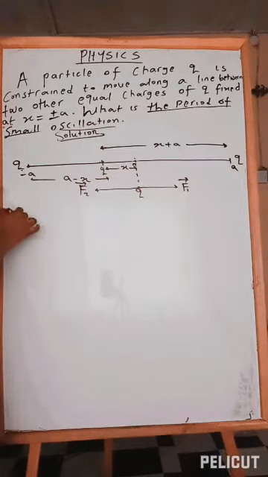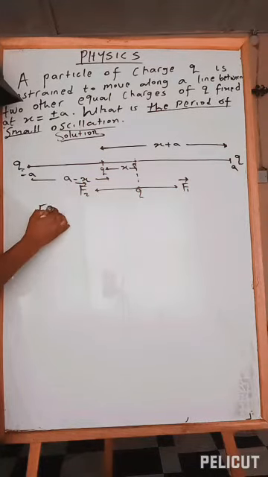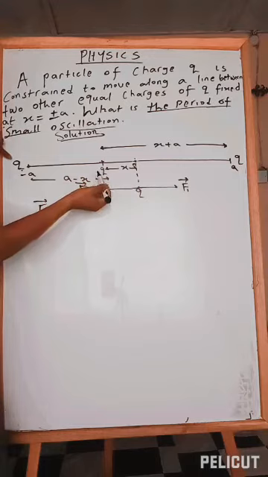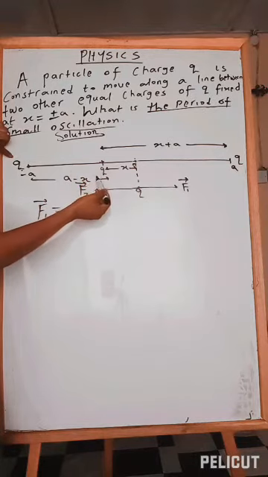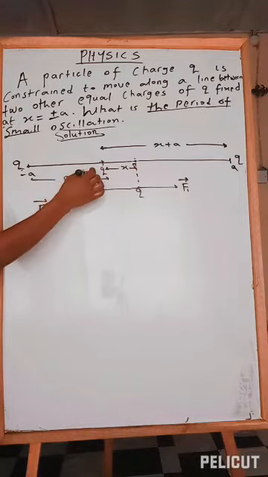Let's first find this magnitude. We know F1 is going to be this. According to Coulomb's law, the force of attraction or repulsion between two charges is proportional to the product of the two charges and inversely proportional to the square of the distance between them.